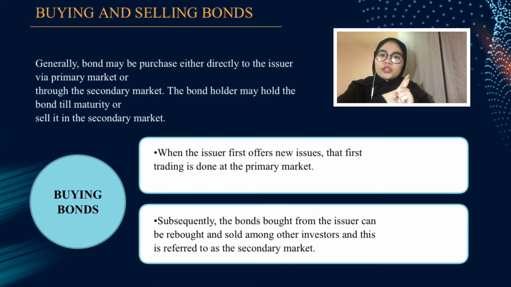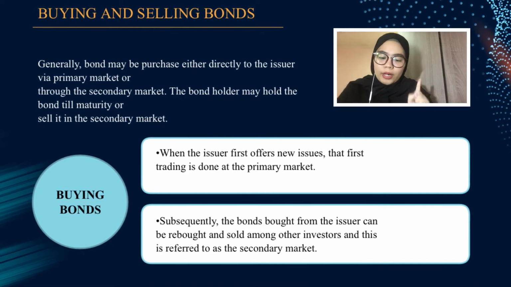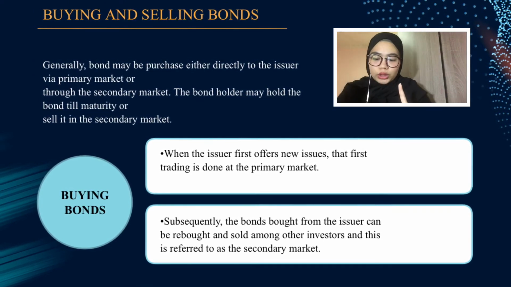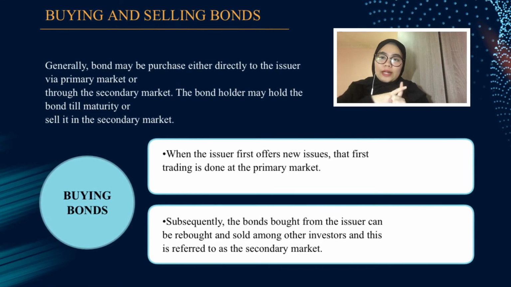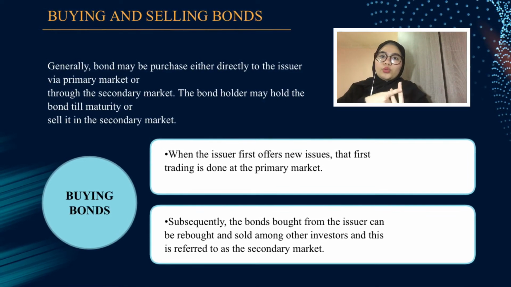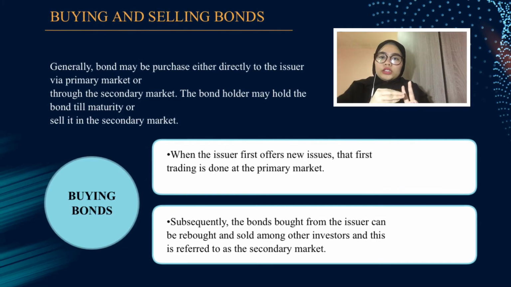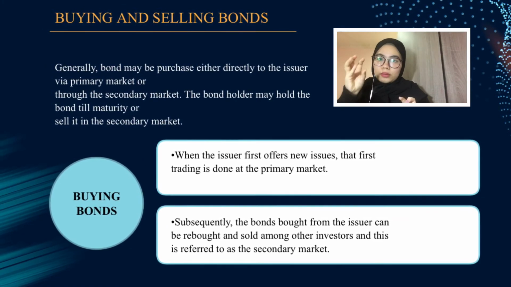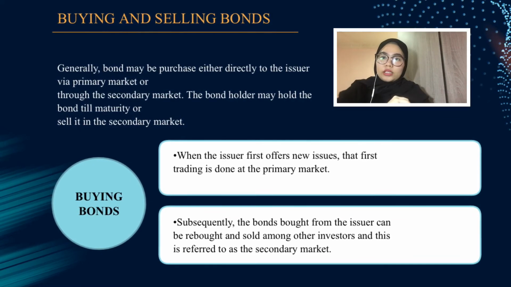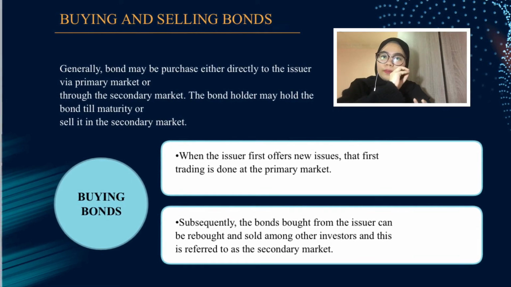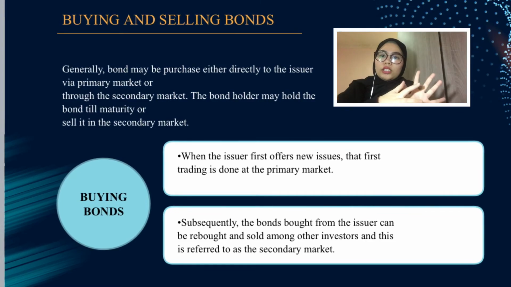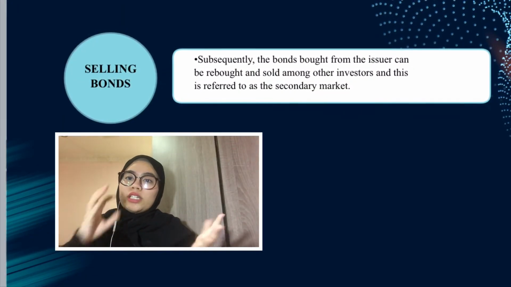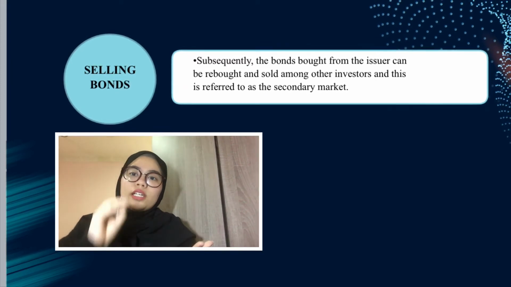The primary market is when the issuer first offers the bond to the investor for the first time, and the secondary market is when the first buyer sells the bond again to another bond investor. Selling a bond is involved in the secondary market.